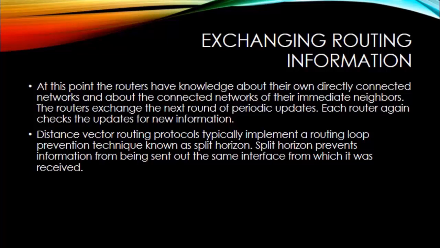The routers exchange the next round of periodic updates. Each router again checks the updates for new information. Distance vector routing protocols typically implement a routing loop prevention technique known as split horizon. Split horizon prevents information from being sent out the same interface from which it was received.